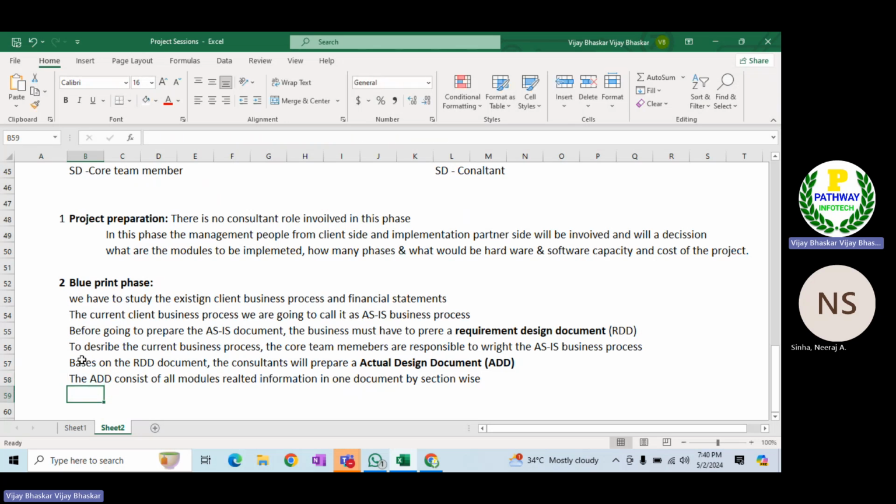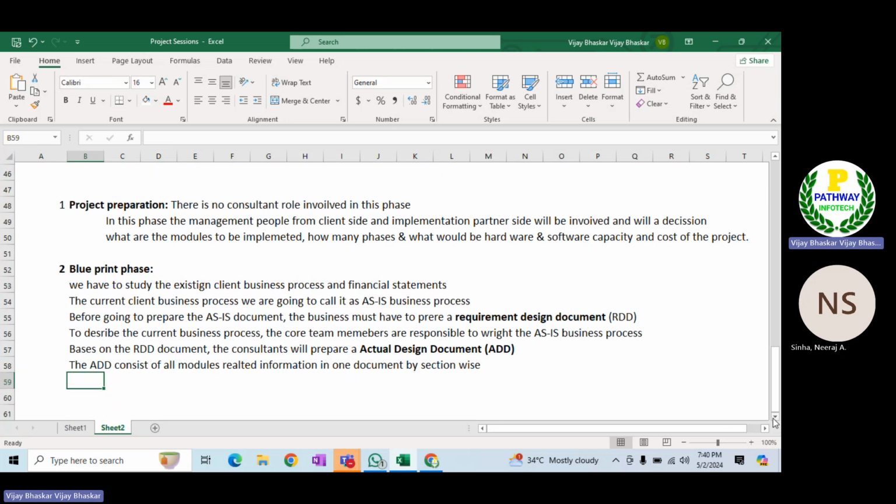The actual design document consists of all modules. First it will start with finance, then controlling, then material management, then sales and distribution. All this information will be in one single document.